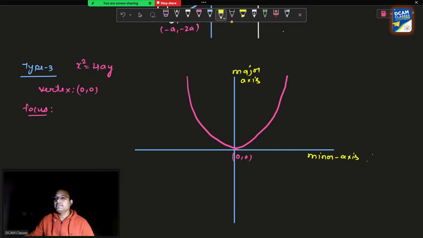So the thing is, the axis about which our parabola is symmetrical, that is considered to be the major axis. So the focus is actually 0, a. Very good. And what will be the directrix? 0 comma minus. No. X is equal. No, y is equal to.